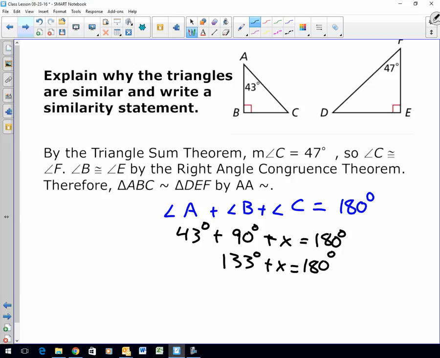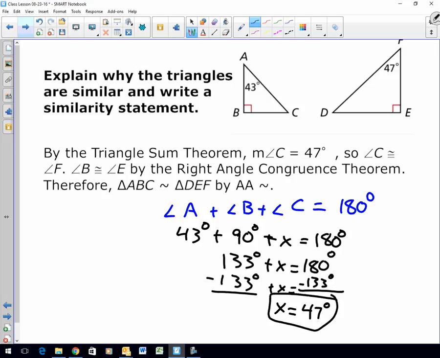If I solve for x, subtract 133. C is 47 degrees, 180 minus 133.